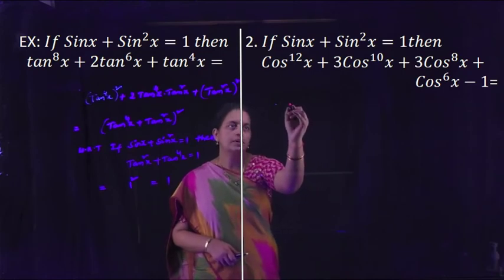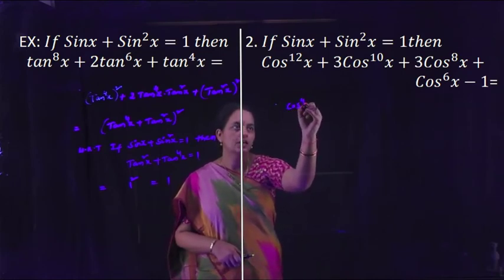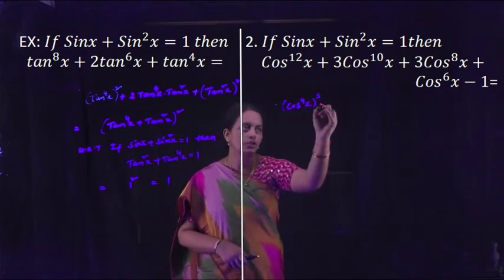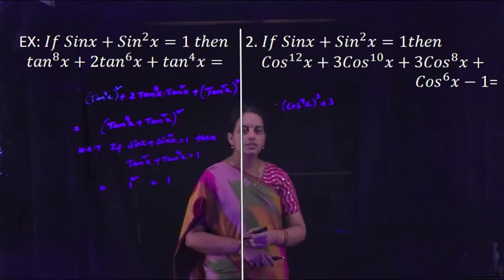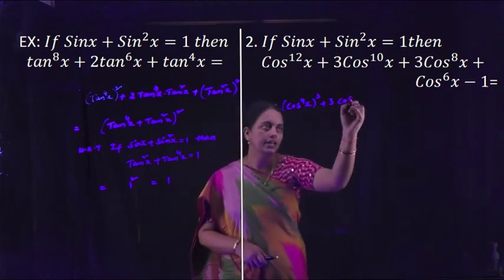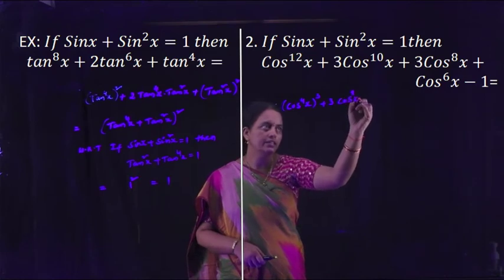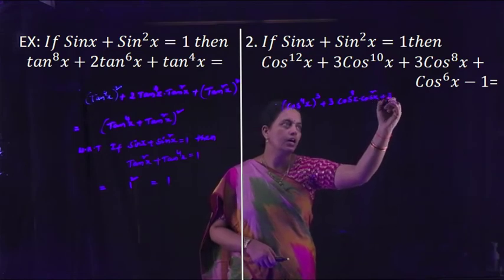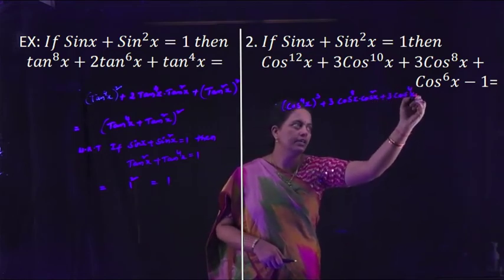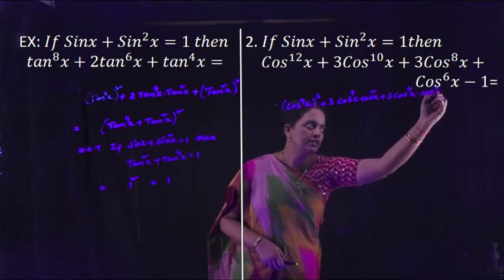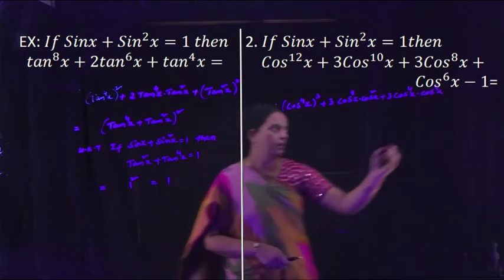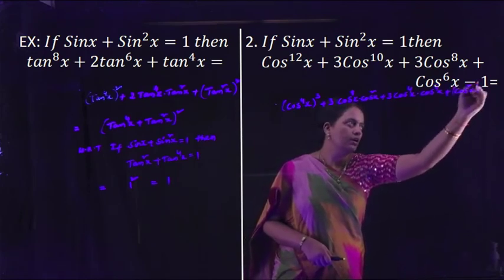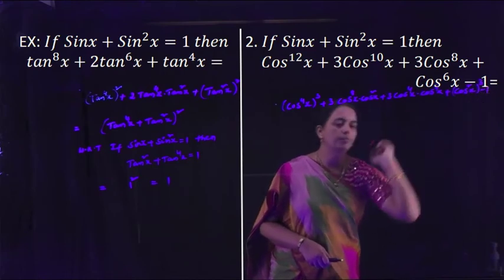Here cos power 12x can be written as cos power 4x whole cube, plus 3 cos power 10x can be written as cos power 8x into cos square x, plus 3 cos power 8x can be written as cos power 4x into cos power 4x, plus cos power 6x can be written as cos square x whole cube, minus 1.